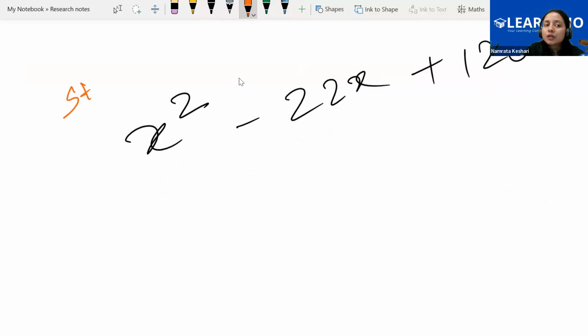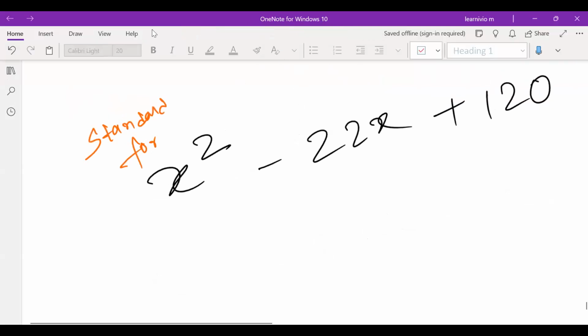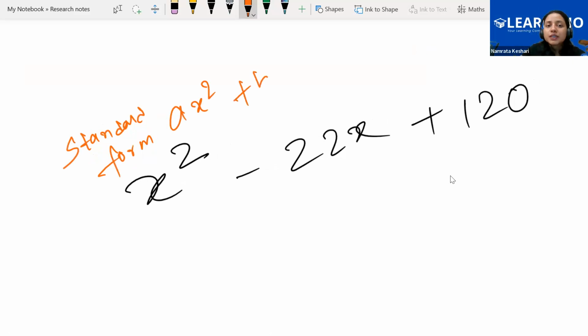The standard form of a quadratic polynomial is ax square plus bx plus c.